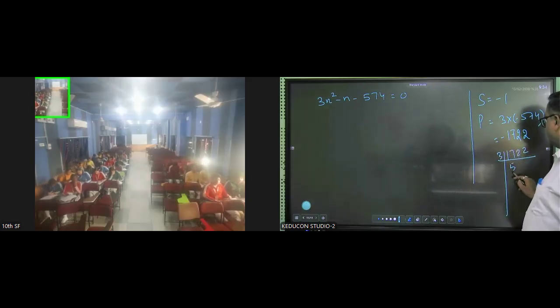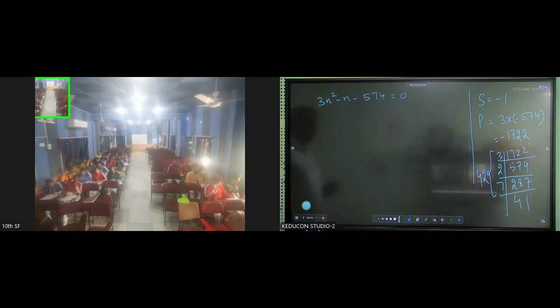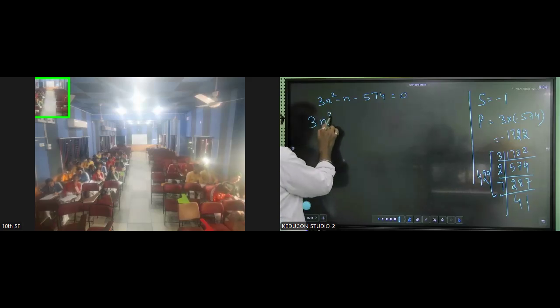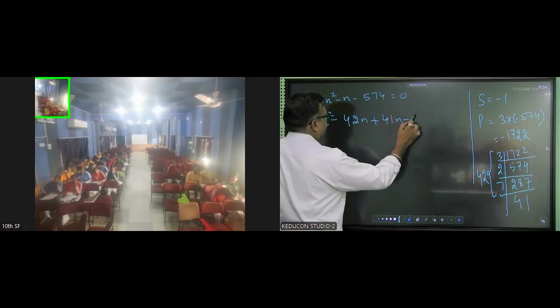These are 574, then 7s are... Now just observe this. What is the product of these two? 3, 42. This is 41. What will be the factor? 41 and 42. Since we require the minus n, it will be minus 42n plus 41n.